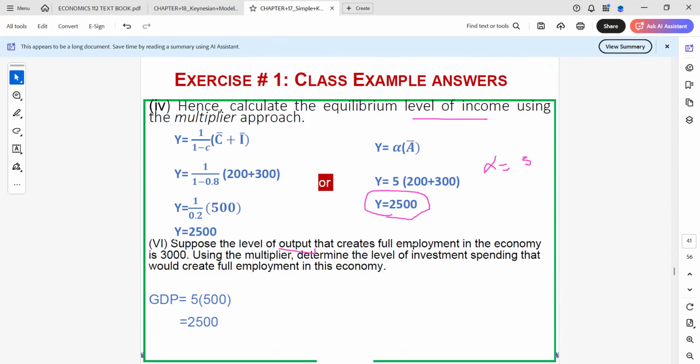So they're saying, suppose the level of output that creates full employment in the economy is 3,000. Using the multiplier, determine the level of investment spending that will create full employment in the economy.